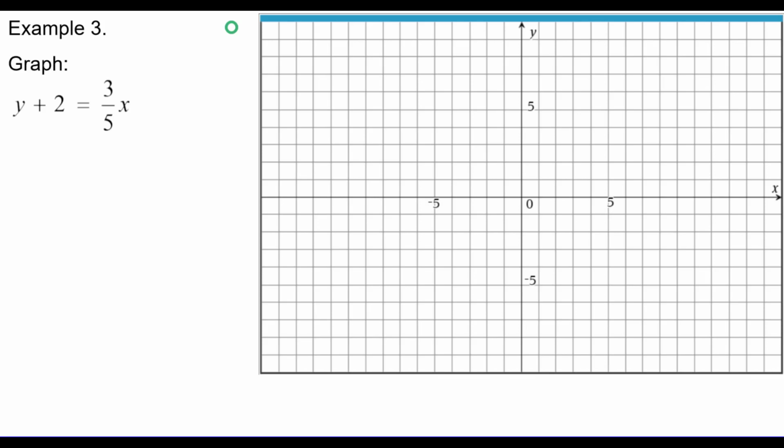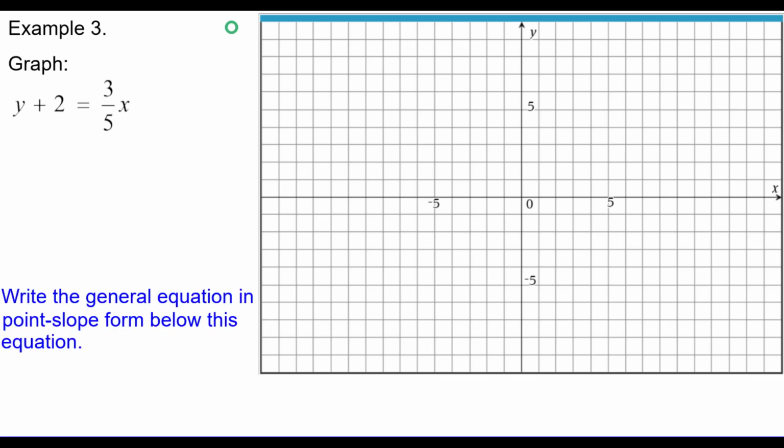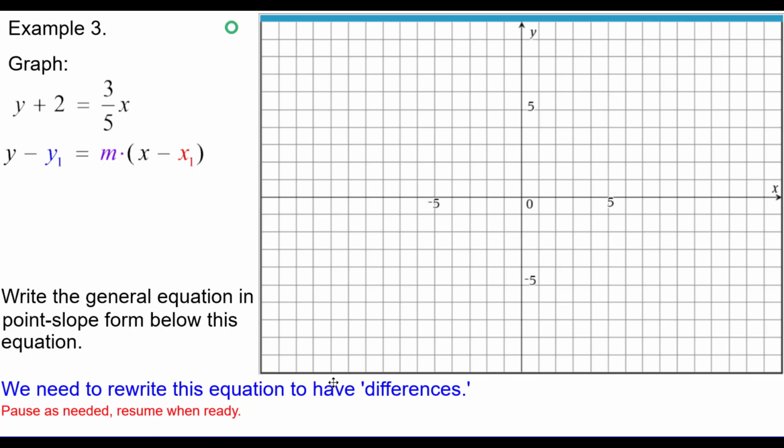Third example, we need to write the general equation in point form below this equation, but first we're going to have to rewrite this equation to have differences. So go ahead and pause as needed. Resume when you have those rewritten as differences.